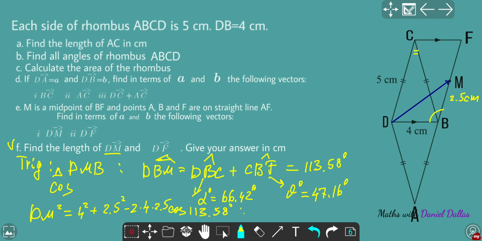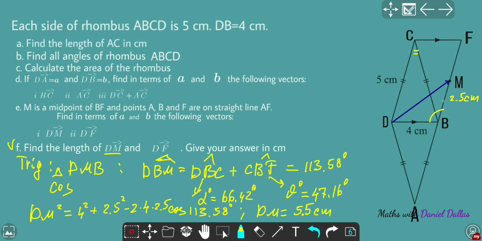Okay, so finally if we calculate, we're taking the square root. Let's do it quick. So 16 plus 2.5 squared, and we take away 2, so we're taking away 8 times 2.5 times cos of the angle 113.58. Okay, so that's the final solution. That's going to be 5.5 centimeters.